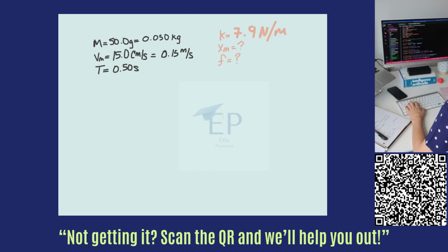The next part we're asked to find is the amplitude. And since we have the maximum velocity, we can use velocity equals xm times omega. And again, we're going to substitute in our 2 pi over T for our omega here.